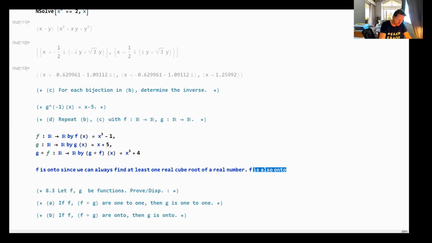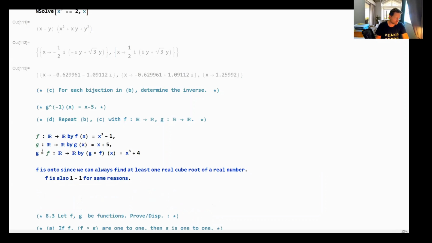Okay, f is also one-to-one for the same reasons as above. We've already done that for integers going to integers, and so that part doesn't change. Okay, good. So f is a bijection in this case.